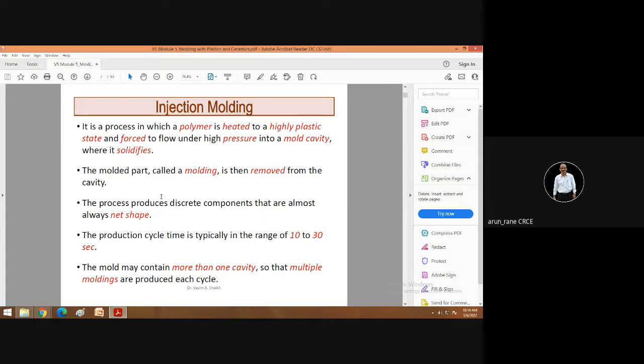So the principle is you are melting your plastic, and then you are injecting that molten plastic into a die. So first is melting, then injection. Before injection, you have to close the mold. After closing the mold, you inject the molten plastic, then allow it to cool.